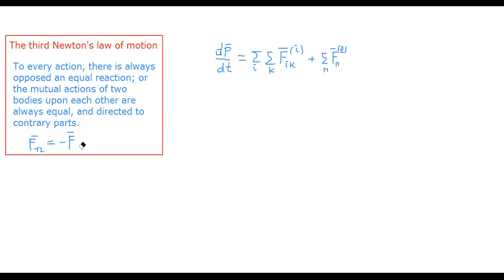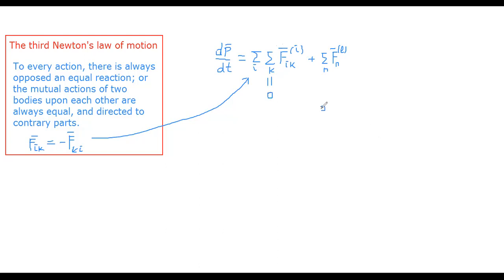We can reassign these indices, like ik, ki. And according to the third law, we will get that the sum of internal forces for any material system is equal to 0.